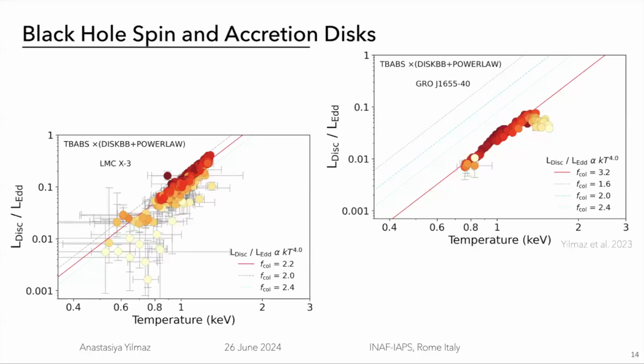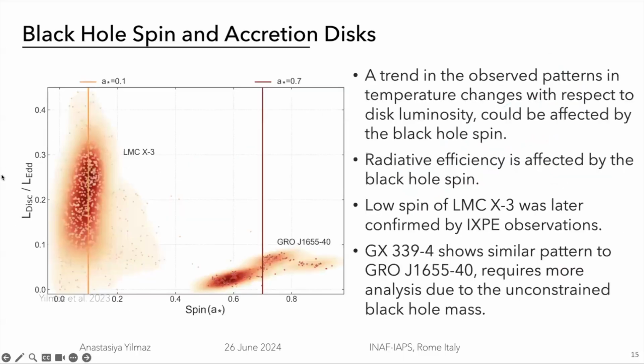So I now want to change the narrative a little bit in a different direction. Remember these two specific plots. There's a very nice two-way relationship between the black hole spin and the evolution of accretion disks. If you look at the distribution of the measured black hole spin with respect to the disk luminosity, you end up with two different distinctive distributions.